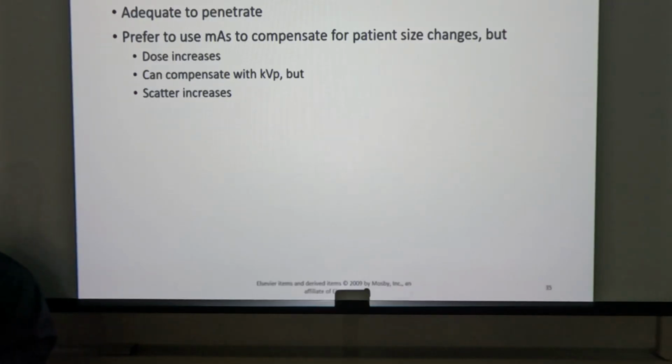Probably the thing that's going to affect the contrast on your image is the thickness of the body part that you're going to shoot, right? So the traditional rule of thumb for patient size, or part thickness, was not to increase kVp, but to increase mass.